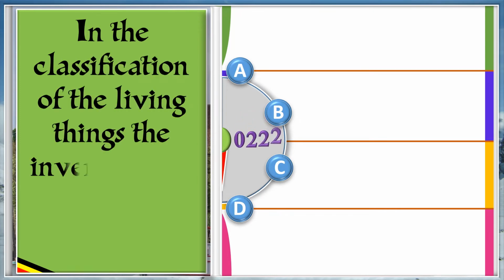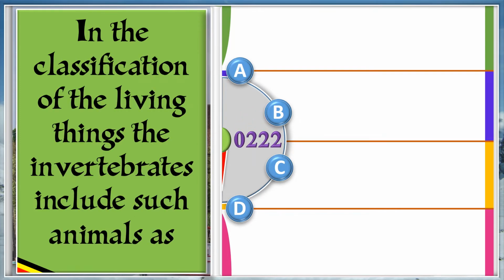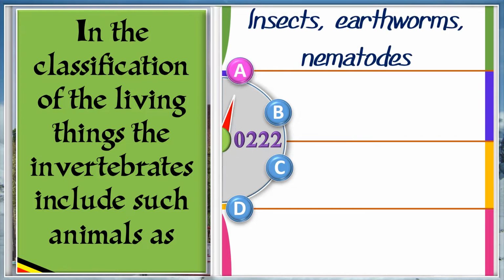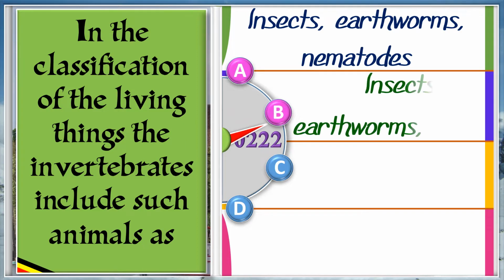In the classification of living things, the invertebrates include such animals as A. Insects, earthworms, nematodes. B. Insects, earthworms, man.